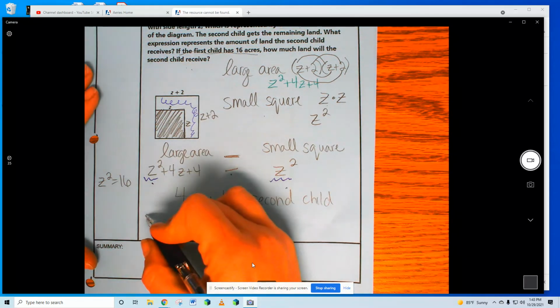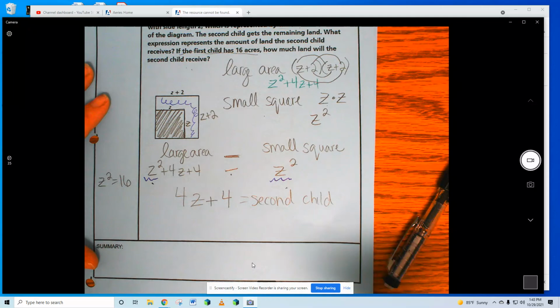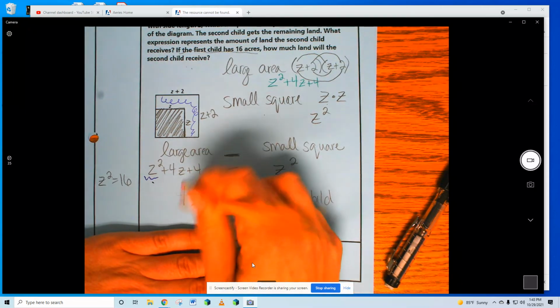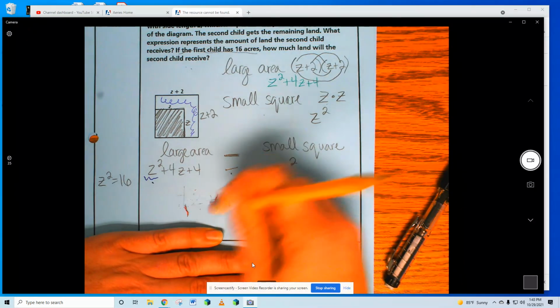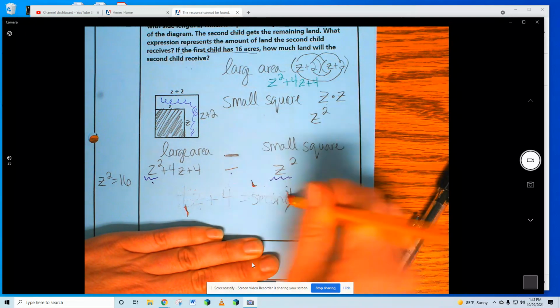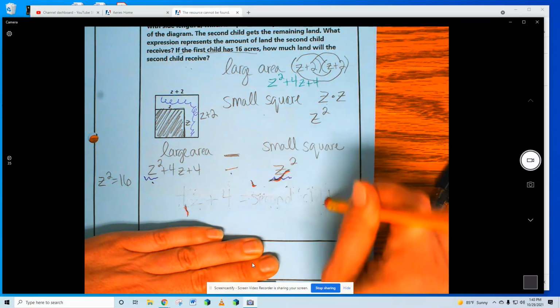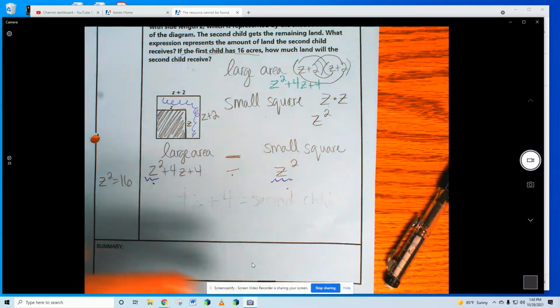So, I'm going to go down here. Let me erase this because I'm going to be able to actually solve for this. Okay.